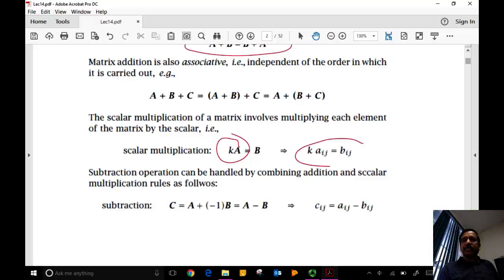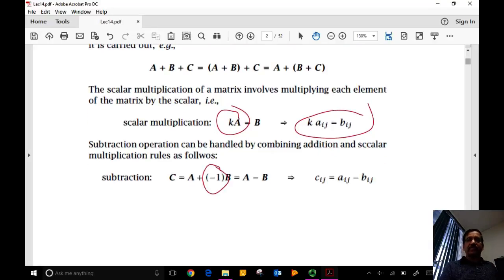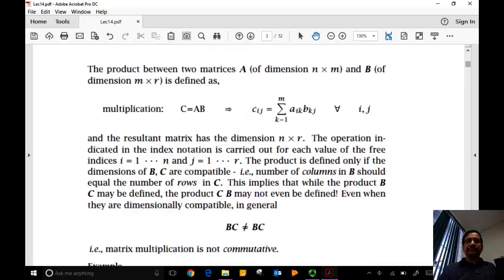So the index notation actually gives you the algorithm. All you need to do is put 2 for loops around it. That's how the calculations will be done, right? And similarly, the subtraction is the inverse of addition, and in index notation, you have its corresponding definition.